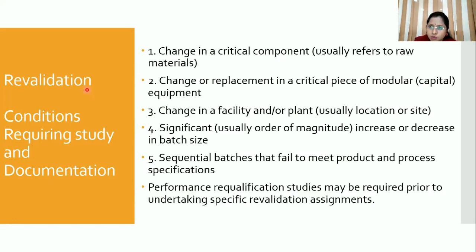So although they have a prospective process validation, if they have a different location or site, at that time they have to do the revalidation. Fine. Then a significant increase or decrease in the batch size, then sequential batches that fail to meet the product or process specification. At that time definitely we'll go for the revalidation. So these are the 5 conditions. If any of them happens, at that time you have to go for the revalidation.